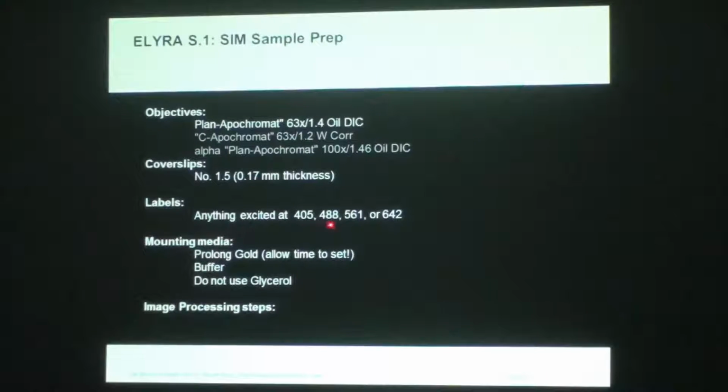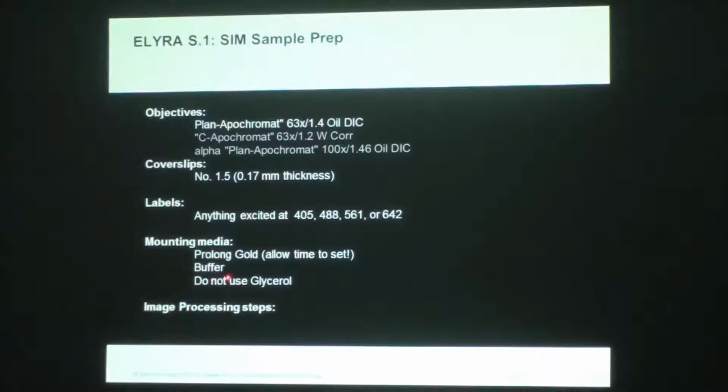And any samples labeled at 405 to 642, from DAPI to Cy5, any conventional dyes which you use regularly in your lab can be used in this system. And because we use an oil immersion lens, as of now we have that, your mounting media, preferably ProLong Gold, because the refractive index would be pretty close to oil when you cure the ProLong Gold for over 24 hours.